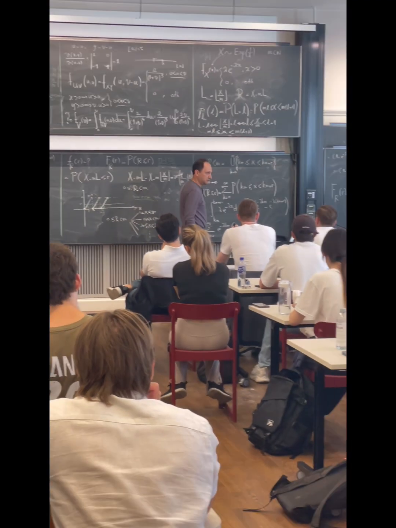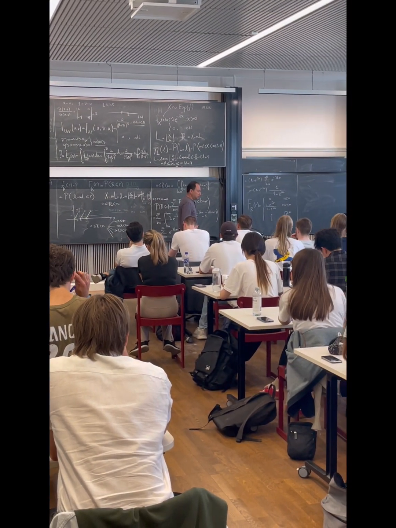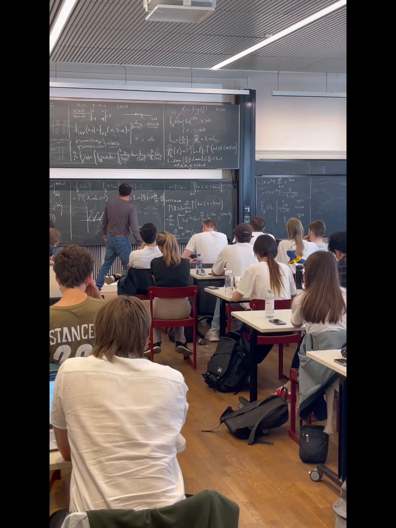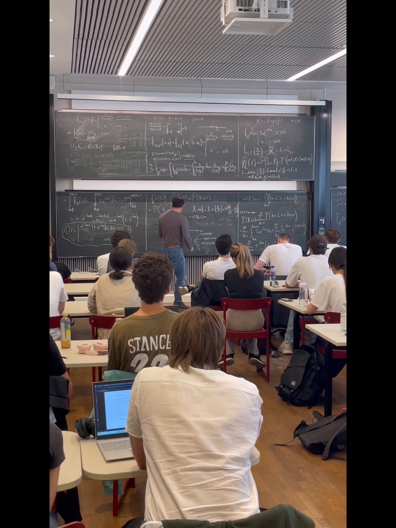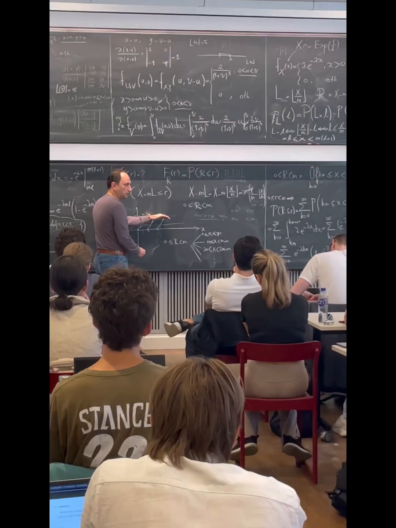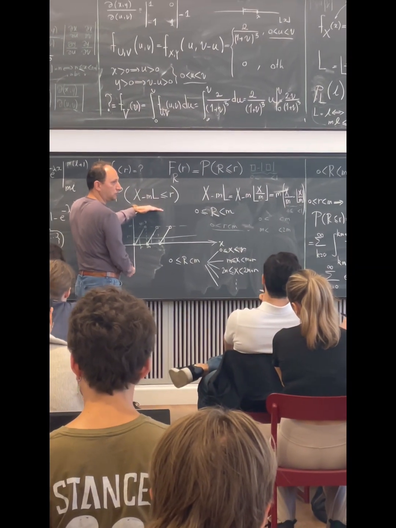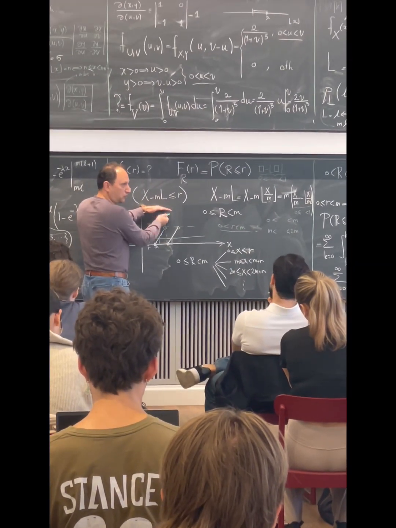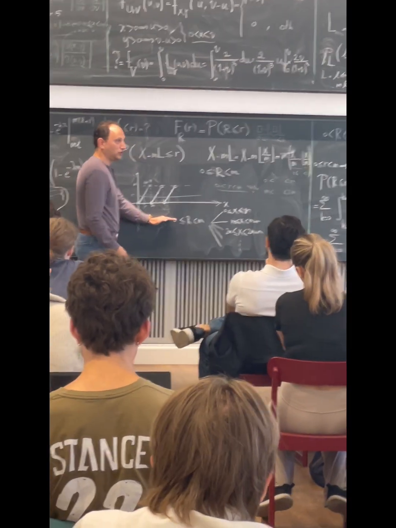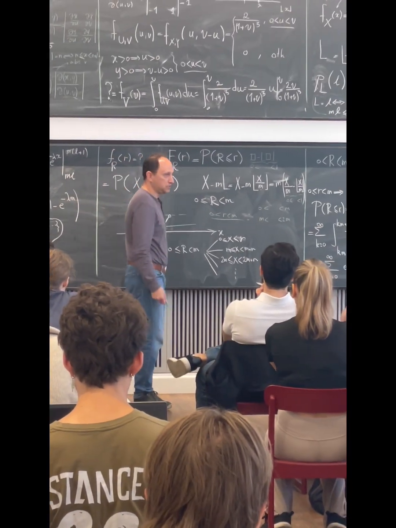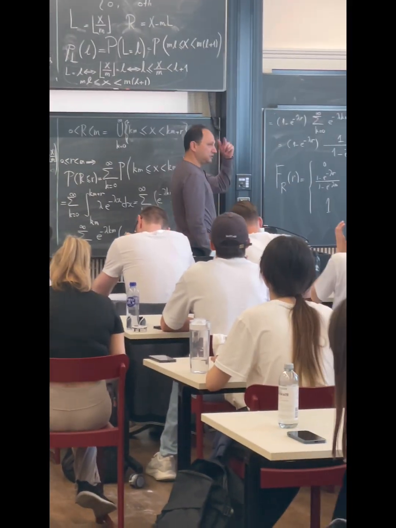Is that right? So you see, I am looking at when R is less than R. This is the diagram of R. And if R is already here, what is the chance that this is below this level? Oh, it's 1. And if it is here, what is the chance? 0. Yes?